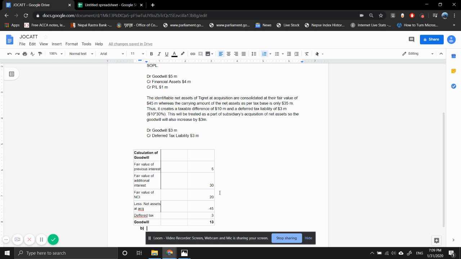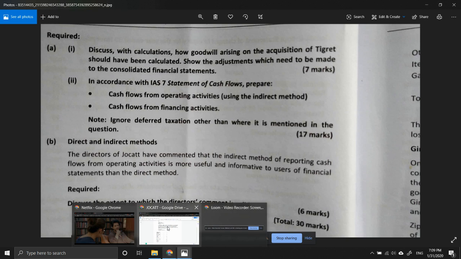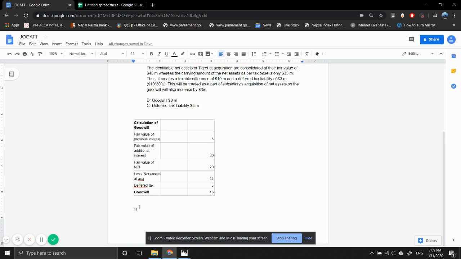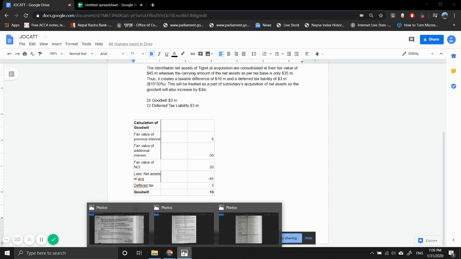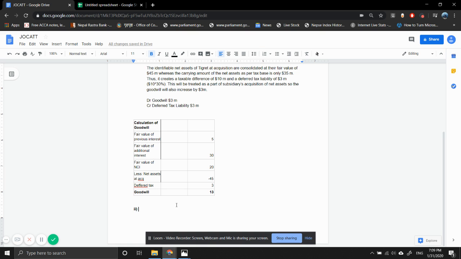And then what we've been asked in question number 2 is that we need to prepare cash flow from operating activities and cash flow from financing activities, right? Using the indirect method. It has particularly said that as well. Okay, let's do it.